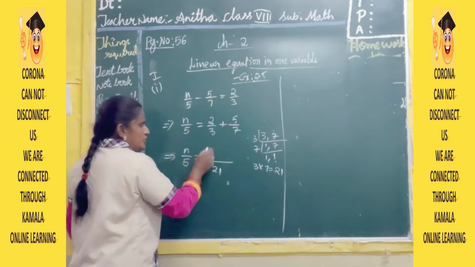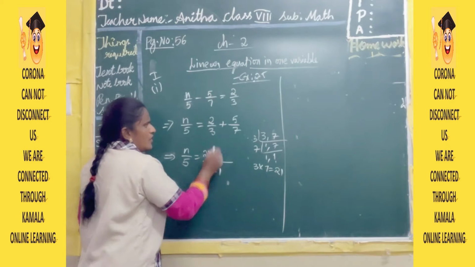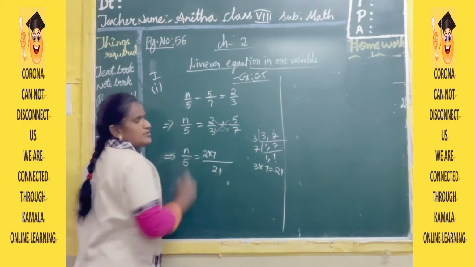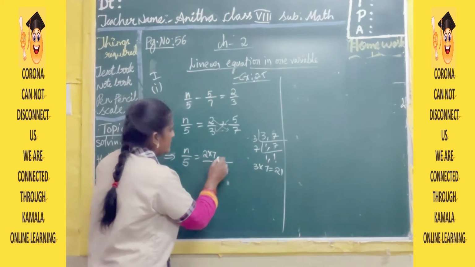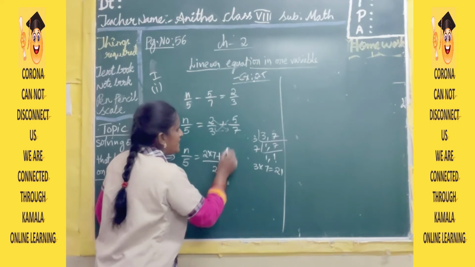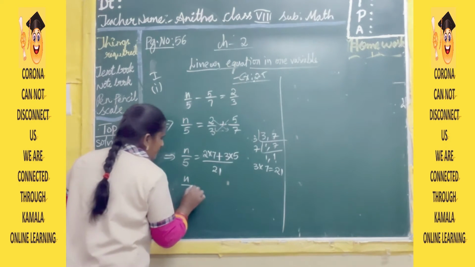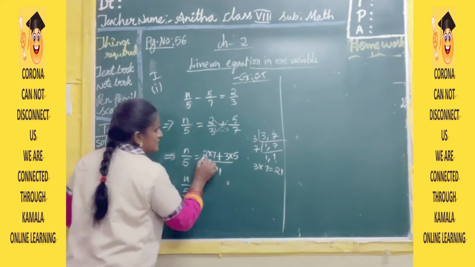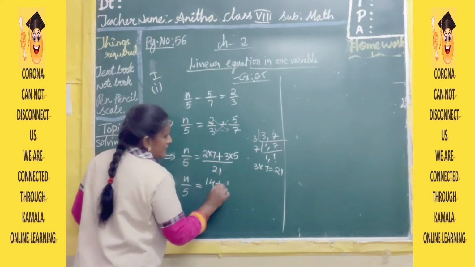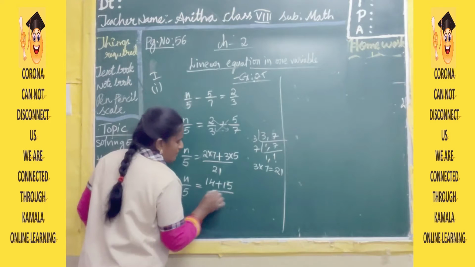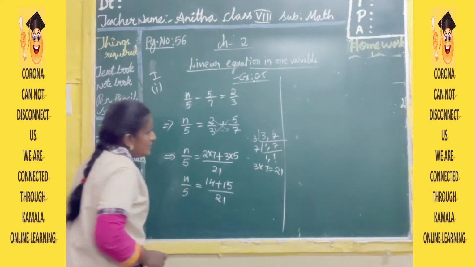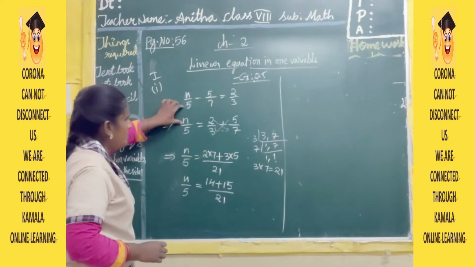This 7 into 2. Or else we can take it like this also, cross multiplication also we can take. Plus 3 5s are 15. N by 5 is equal to 7 2s are 14, 3 5s are 15 by 21. Got it, children? This one keep like that only.